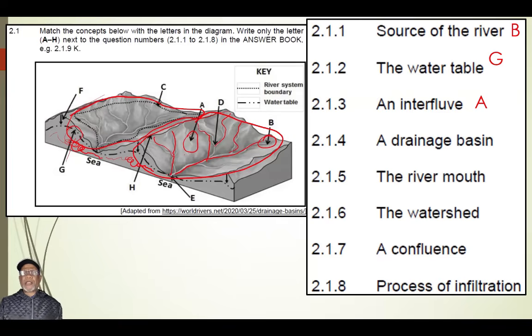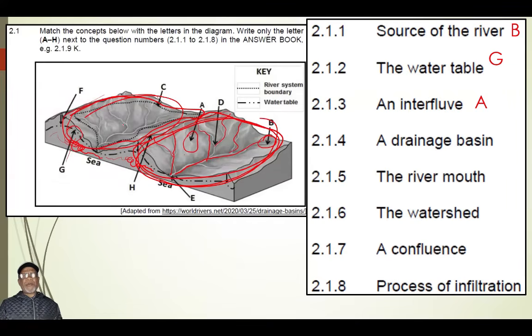The total area drained by the river system. Drainage basin is the total area drained by the river system. This entire area is a drainage basin because it has got a river system.